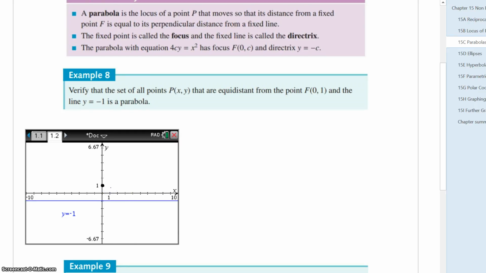Okay, so the way we're going to do this is, because of this equidistant thing, we're going to use the distance formula again, just like we were using for the circles. So I'm going to say that the distance from this particular point here, (0, 1), and somewhere along this line here, I'm going to choose a random point over here called (x, y). I don't know what these values are, but I'm going to get this distance from there to there and this distance from there to there.